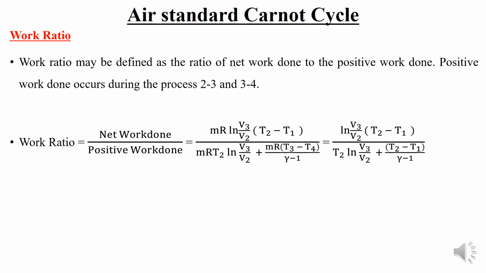Net work done is nothing but, usually in module 3, turbine work minus pump work. So here we have to represent net work done and positive work done. Just rearrange the terms and you will get this equation. So for the problem point of view or definition point of view, just remember this equation, that work ratio is nothing but net work done divided by the positive work done.